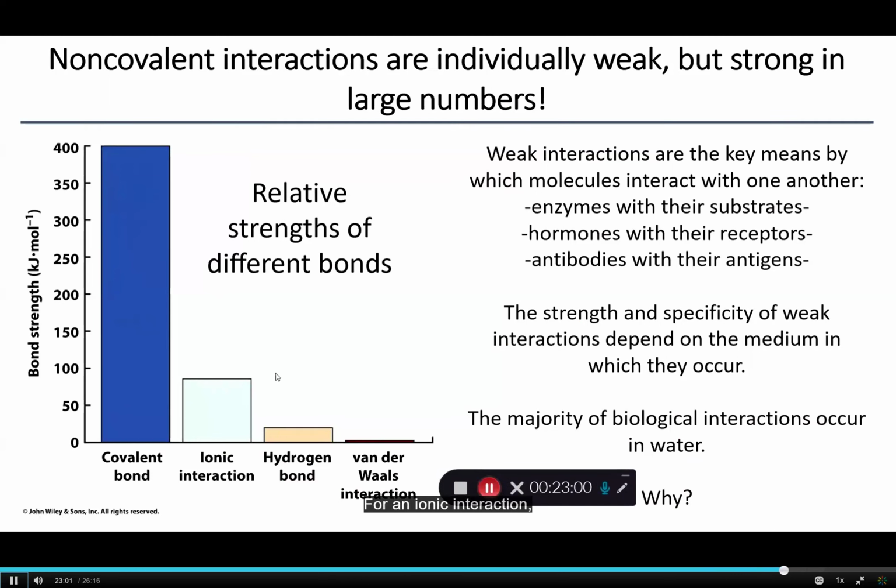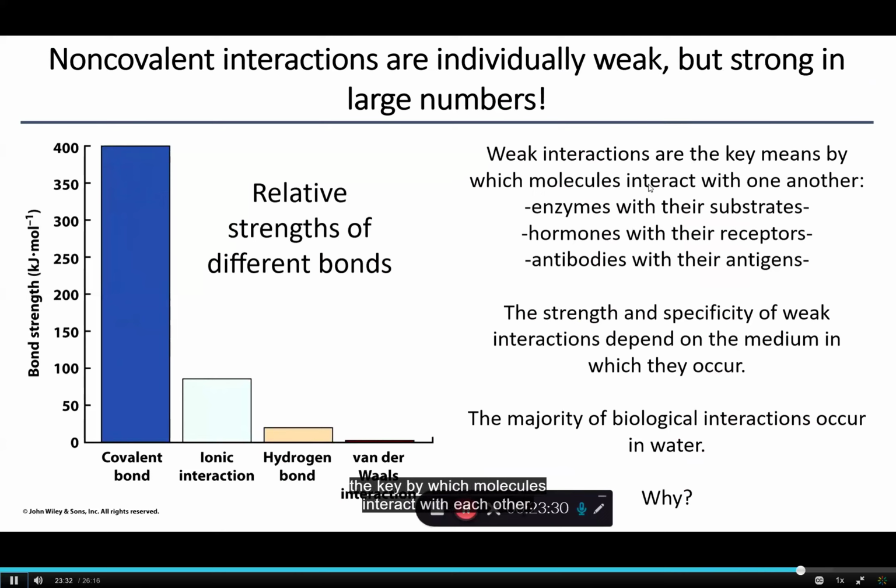For an ionic interaction, which is the type of interaction between a sodium ion and water, so the positively charged sodium ion interacts with the negative partial charge of the oxygen in the water, that takes about 100 kilojoules per mole to break. Hydrogen bonds are even weaker at about 20 kilojoules per mole to break. And van der Waals interactions represent the weakest non-covalent bond. But these weak interactions are really the key by which molecules interact with each other.